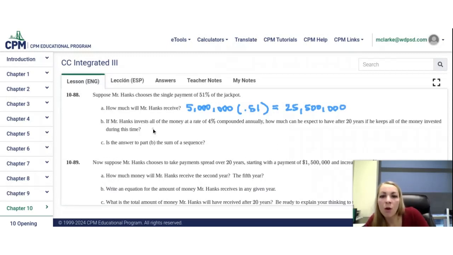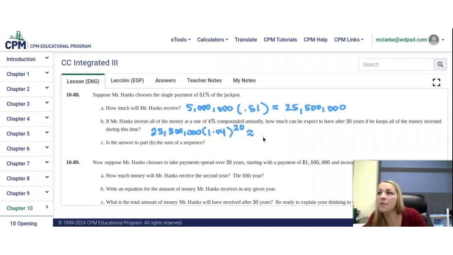So to get how much money he'll have with this 4% for 20 years, we're going to start with this. In this case, this is the zero term because we're putting this in right away. And after 1 year, how much does he have? After 2 years? So this is the zero term times the 1.04 times this quantity here, we can put 20 in, okay?